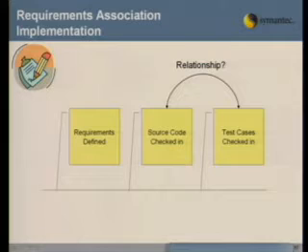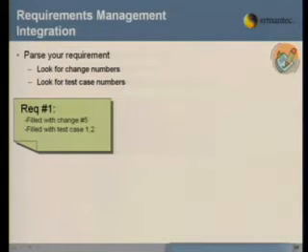Look for the change numbers, look for the test cases that were hopefully commented or somehow put in there to be associated with these requirements. So assuming you have the change lists or commit numbers for your source control system, you can grab the file list associated for that requirement and say, with some amount of certainty, these test cases, 1 and 2, are associated with these 2 source files.